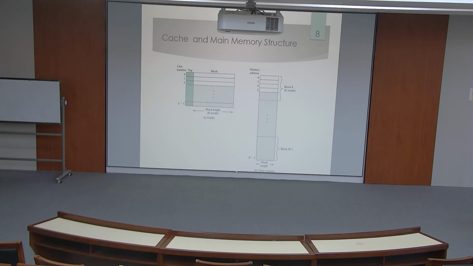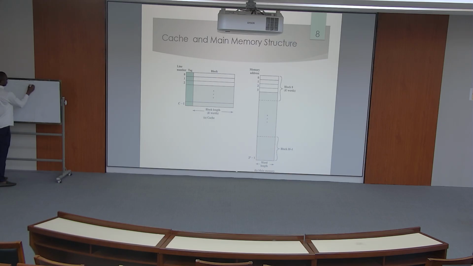The block length is a keyword. This is the cache memory. Then we have our main memory, which is bigger than the cache memory. It also includes blocks.